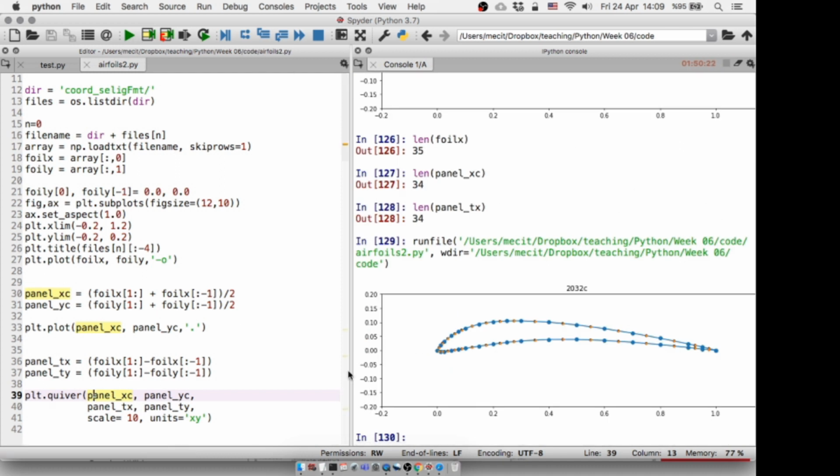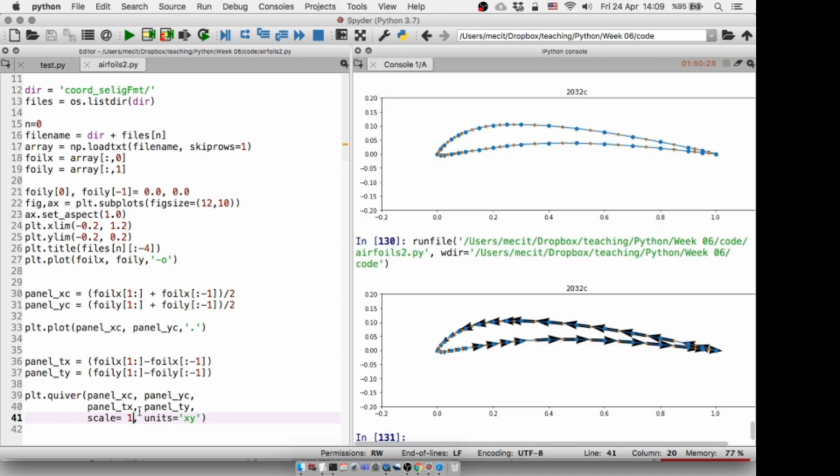I think my vectors are too small to be represented here, so let me make them bigger. Okay. As you can see, now my vectors follow the slope of the panels.